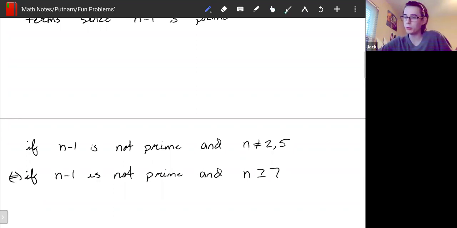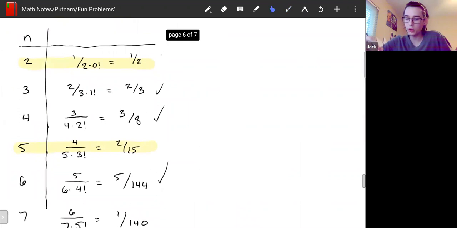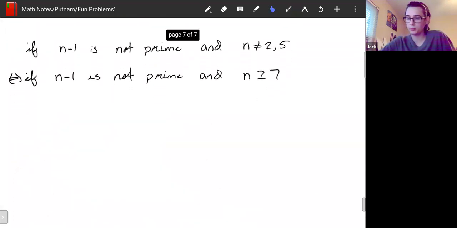Because we've thrown out these two cases, we can now assume that n is going to be greater than or equal to 7 because we've checked all smaller cases. These ones right here were checked in the first case, and we did these ones here by hand. And you'll see very soon why I had to do these ones by hand. So let's get into it.